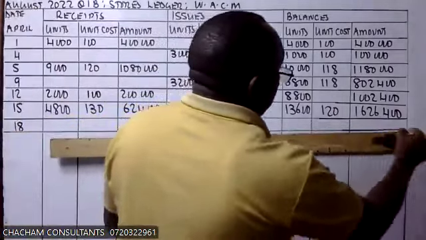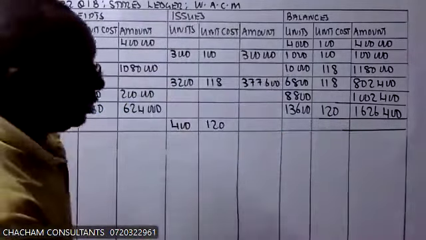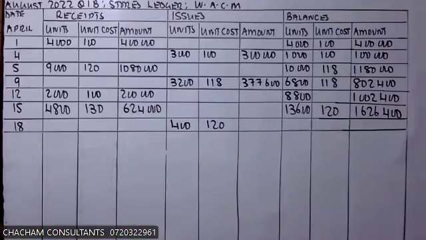So tell me what now is the amount, 400 times 120. $48,000.